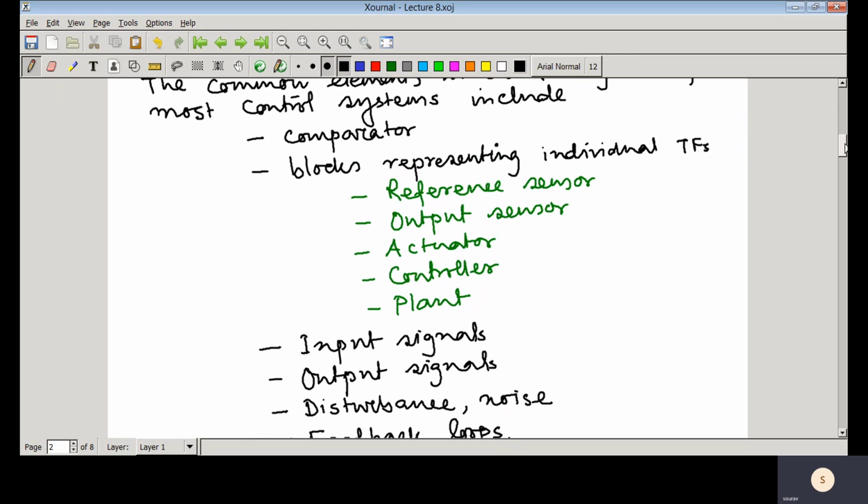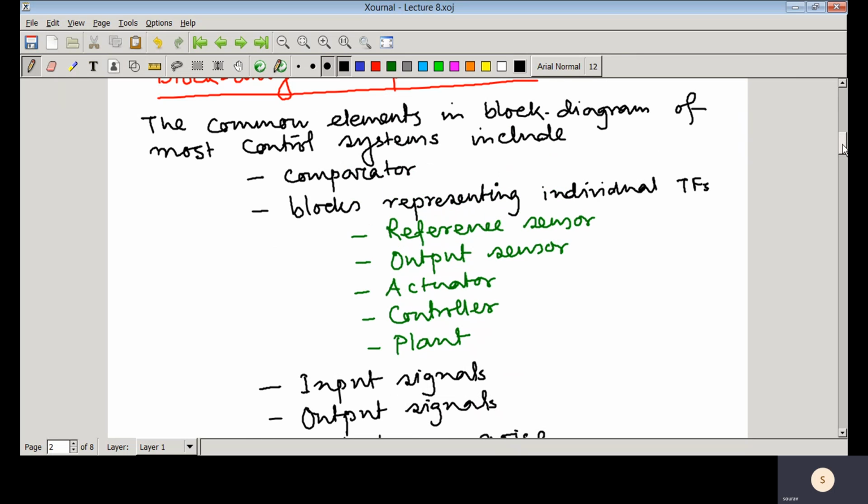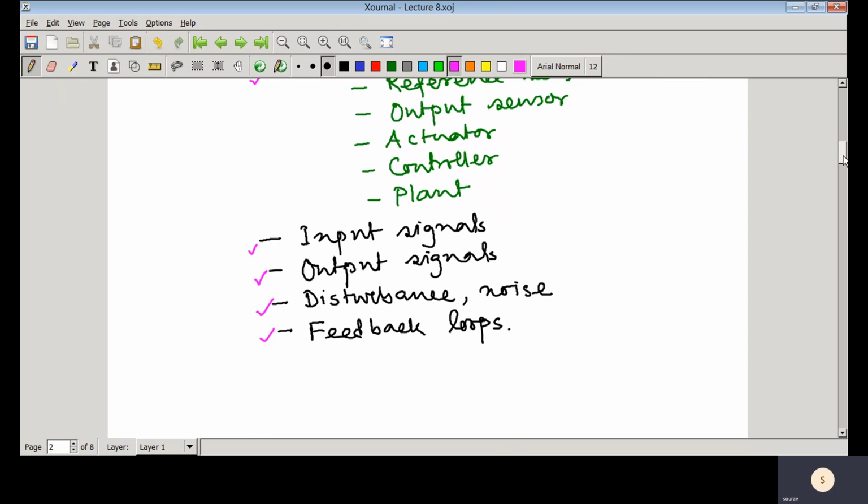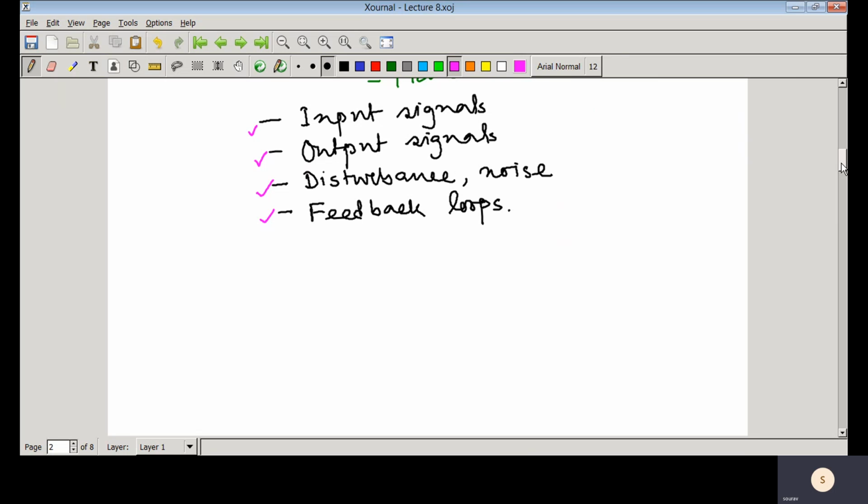So basically in block diagram we have seen it, and now again we are going to draw. So in block diagram, we have comparators and various blocks like reference sensor, output sensor, actuator, controller and plant. And there are many signals like input signals, output signals, disturbance, noise and feedback loops. So let us represent it in block diagram form.